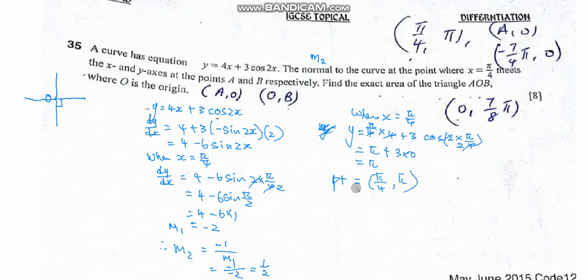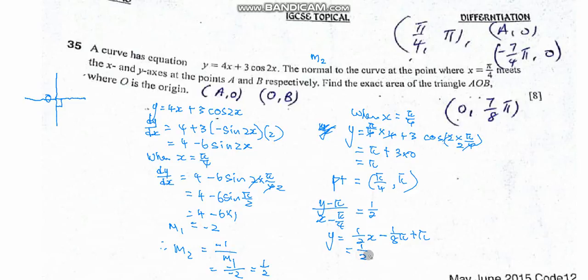Now, you have this point and you have M2, so you can form the equation. y minus pi equals half times x minus pi over 4. This half is M2. So y equals half x, minus pi over 4 times half, which becomes 1 over 8 pi, and bringing over, plus pi.